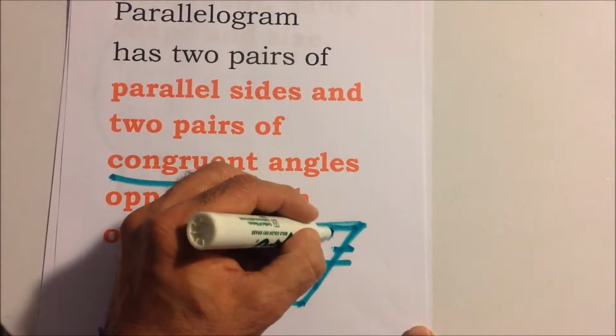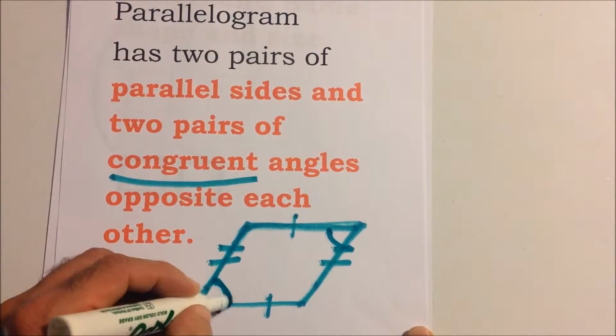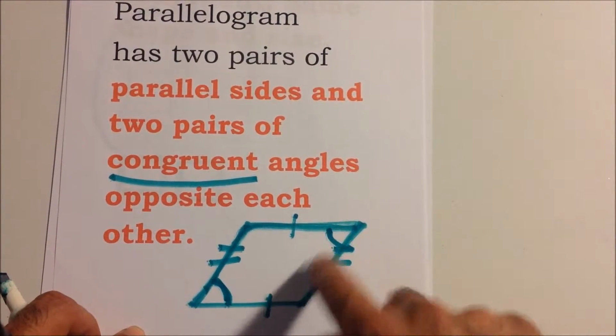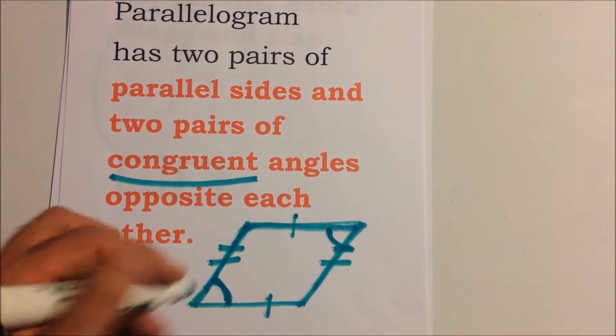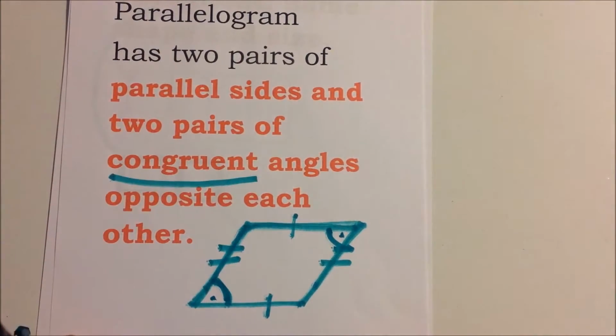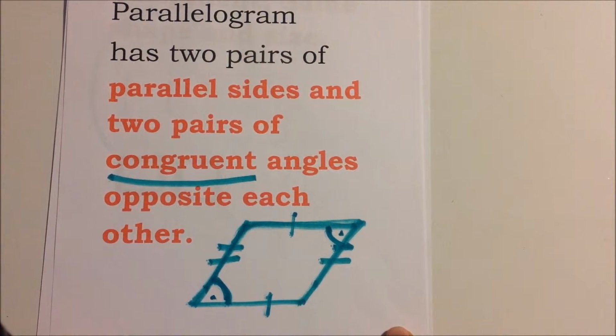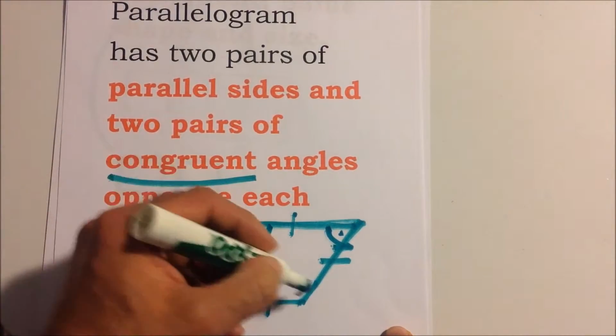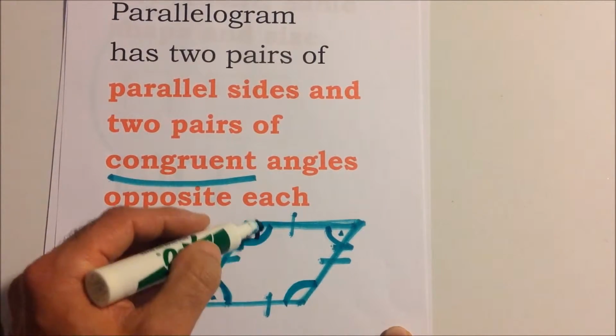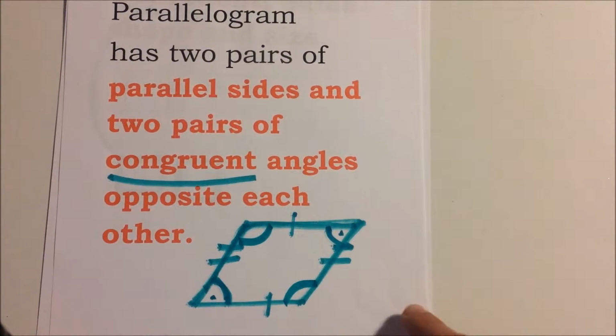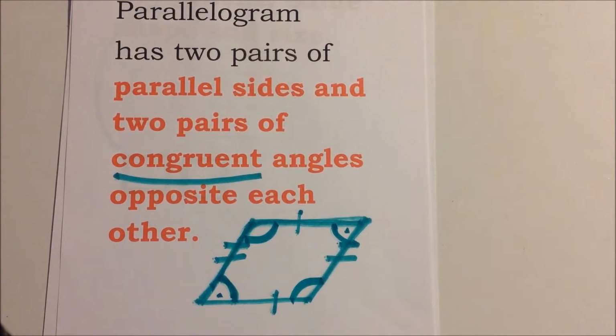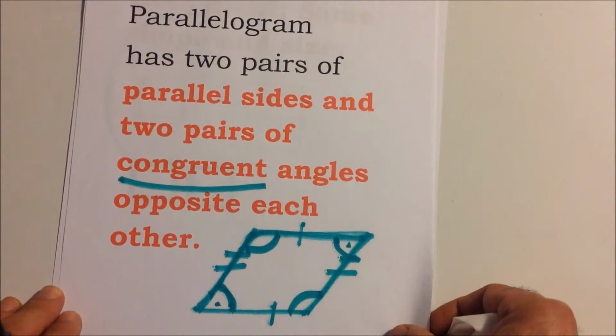So this angle here and this angle here are opposite each other, and they're congruent. So this angle and this angle have the same degree. And this angle and this angle have the same degree because they're opposite each other. So that's a parallelogram. Okay, let's make sure we understand what parallel means.